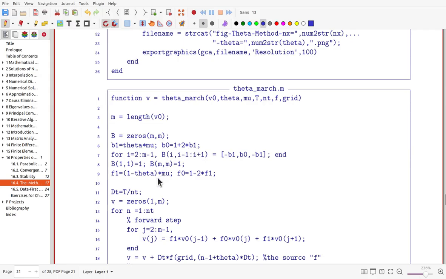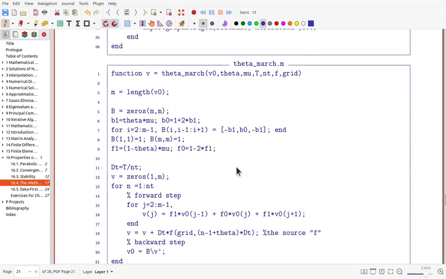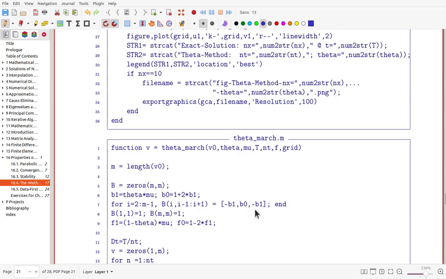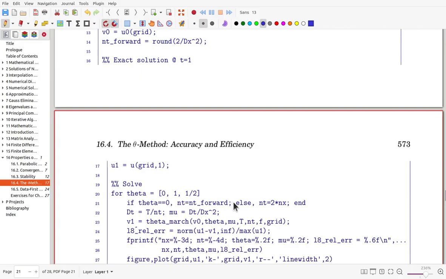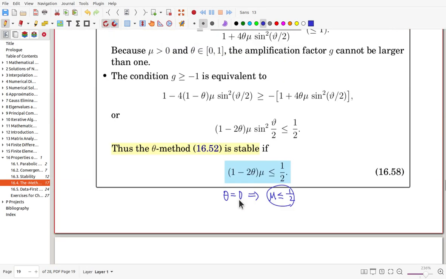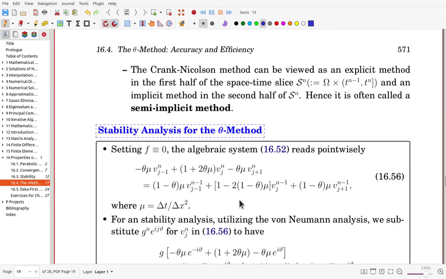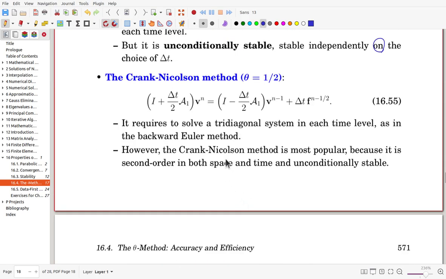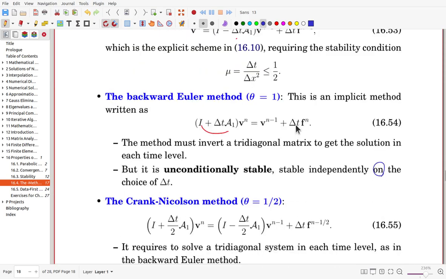Now theta mu and 1 plus 2 theta mu are computed. And then here, okay, we try to make the matrix, so that after getting this one, here B is representing this component. Okay, let's go back to the algorithm. Okay, that one along with the theta.